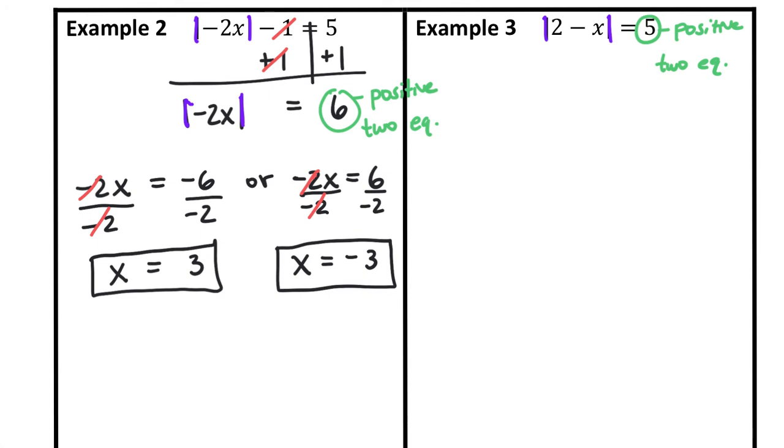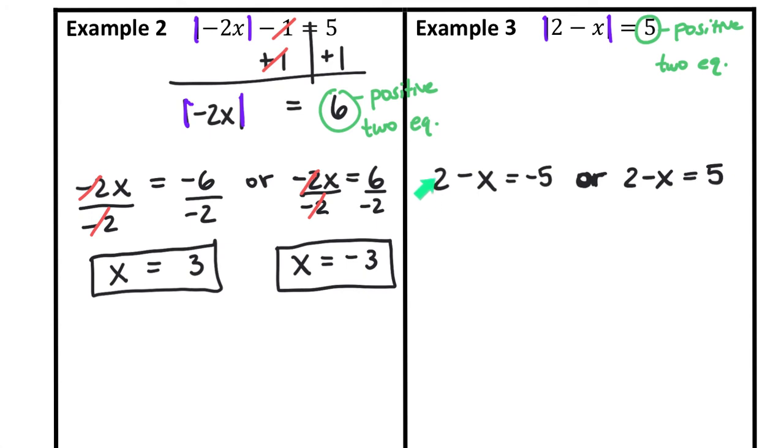One of them is going to be 2 minus x equals negative 5, or 2 minus x equals positive 5. So I'm using a negative version of the answer and a positive version of the answer. And so let's solve for x.